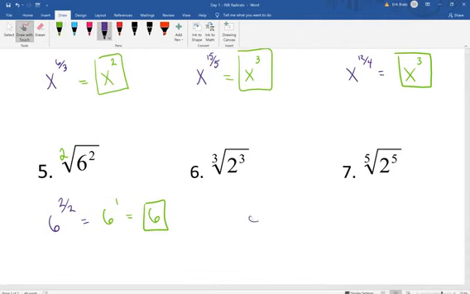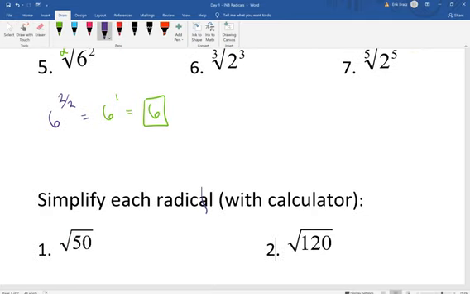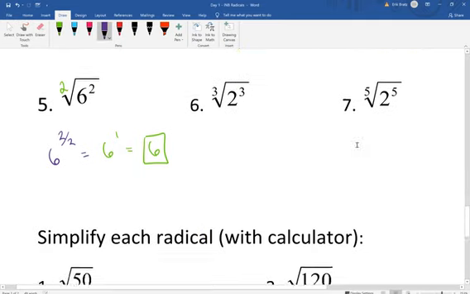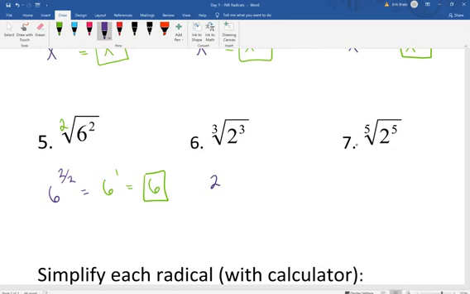So we're just going to keep chugging along here. We have 2. I'm not sure why it keeps jumping around. We have 2 raised to the third power, number on the inside, divided by the power on the outside. We get another case of 2 to the first power, which is just going to be 2. So simplifying the radicals if possible.